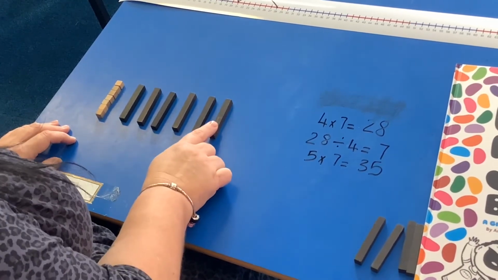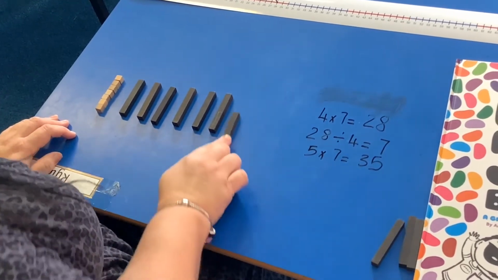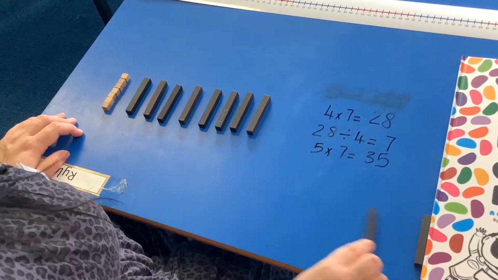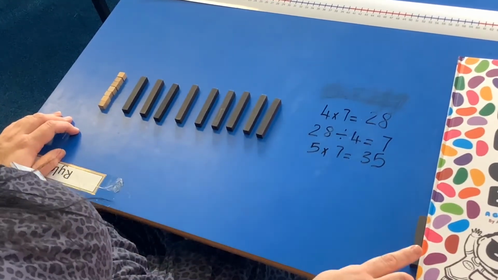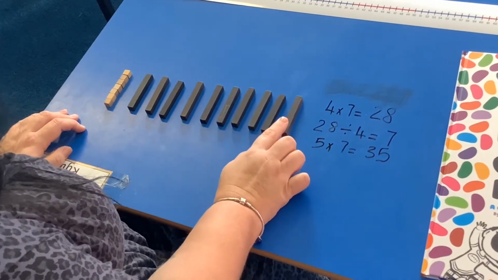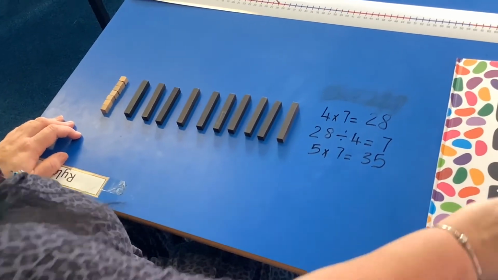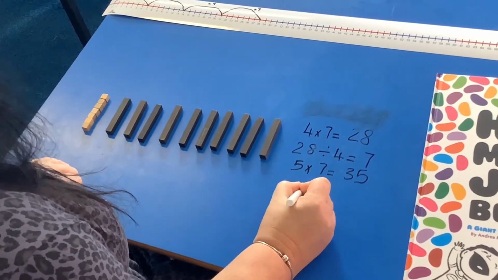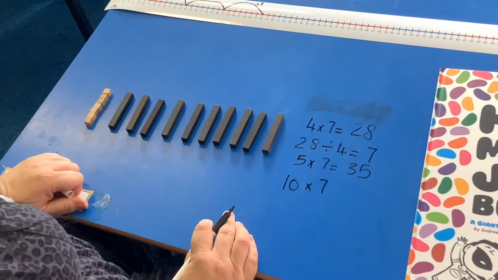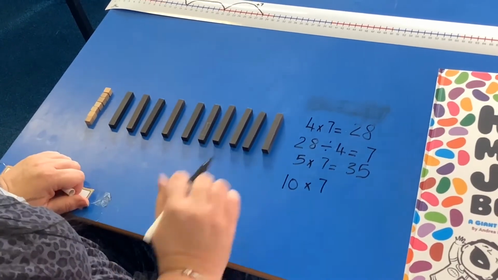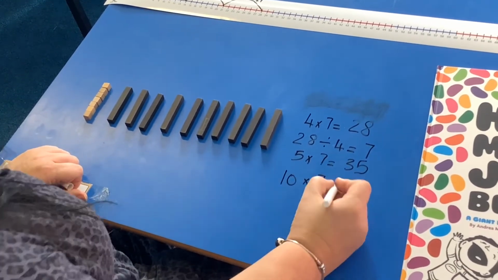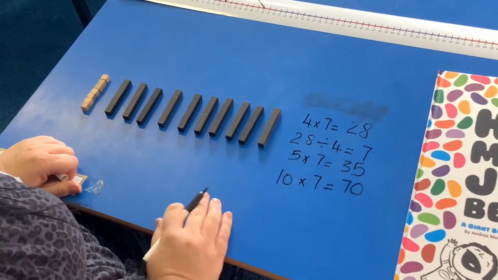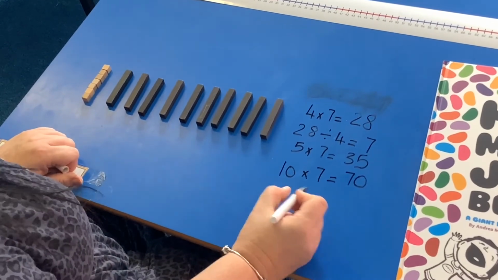So now we've got 6 times 7, 7 times 7, 8 times 7, 9 times 7, and 10 times 7. And again, 10 times 7 shouldn't be a new fact for you to learn because you already know your 10 times tables. And you'll know that 7 times 10 is 70, so 10 times 7 will equal 70, and then you should know that you could write that as an inverse operation.